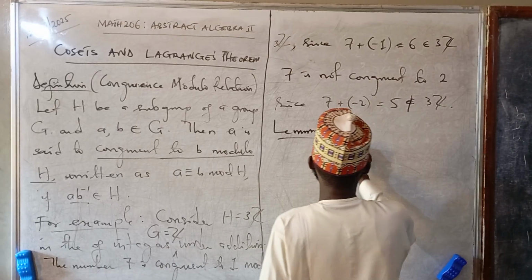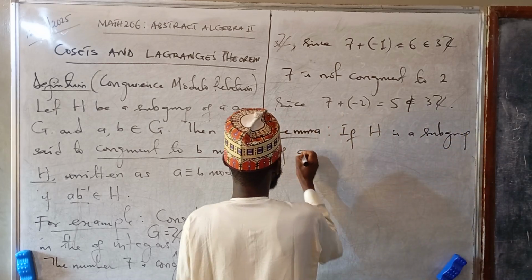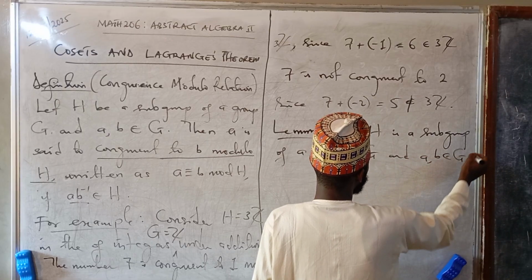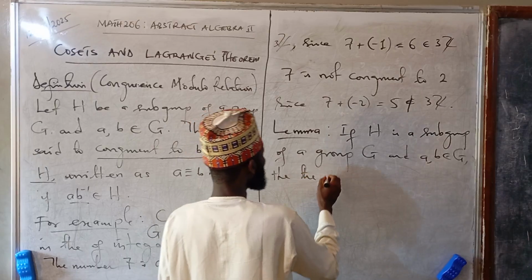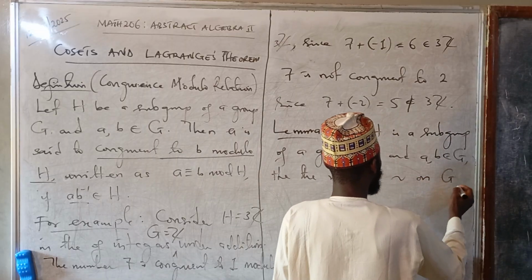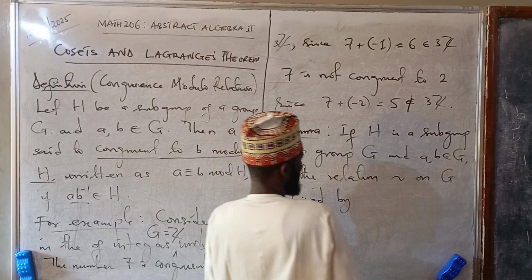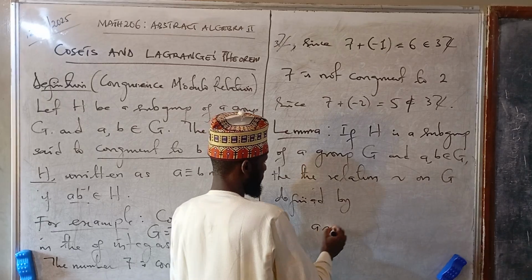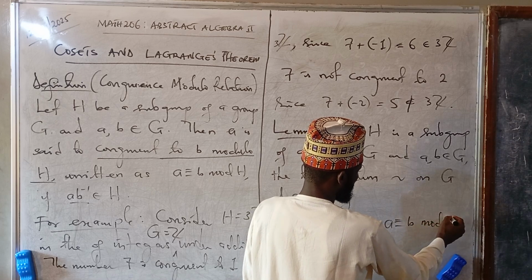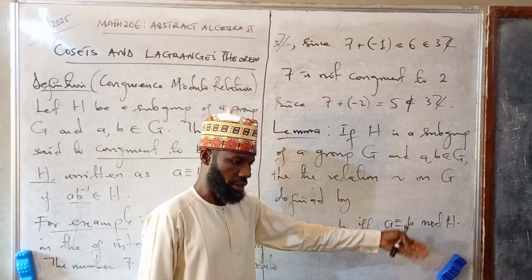So if H is a subgroup of a group G, and A, B are two elements of the group, then the relation, if you take it to be tilde, defined on G by A is related to B if and only if A is congruent to B modulo H. So you say two elements are related if they are congruent.